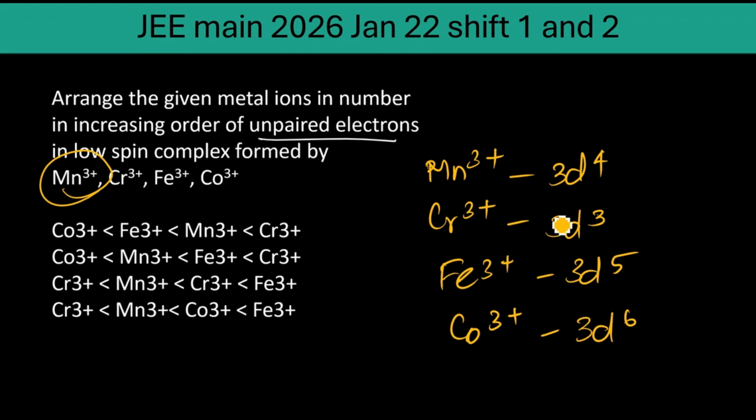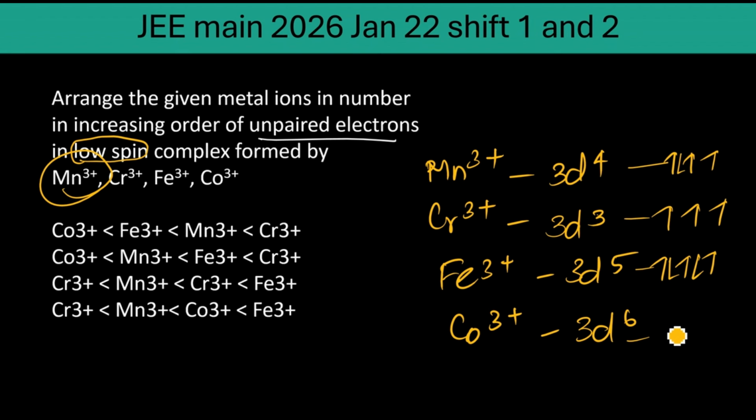They are asking for unpaired electrons in a low spin complex. Low spin means the unpaired electrons are fewer, right? So here I have 1, 2, 3 and 4 in the t2g levels, and chromium 3+ is also 1, 2, 3, and this will become 1, 2, 3, 4, 5 and 6.